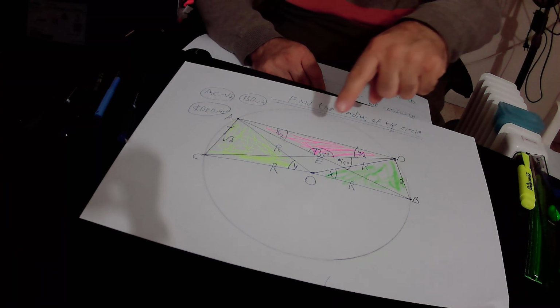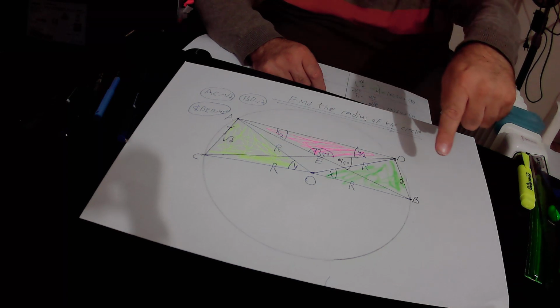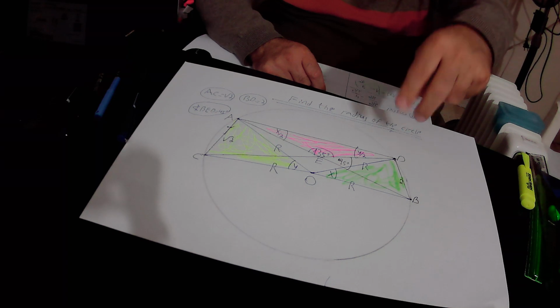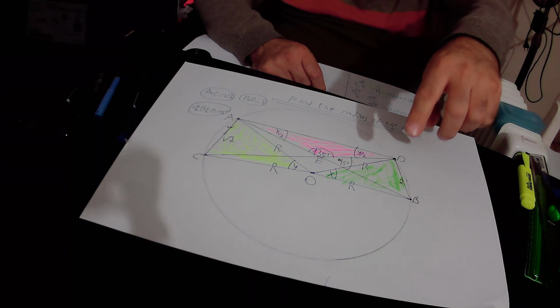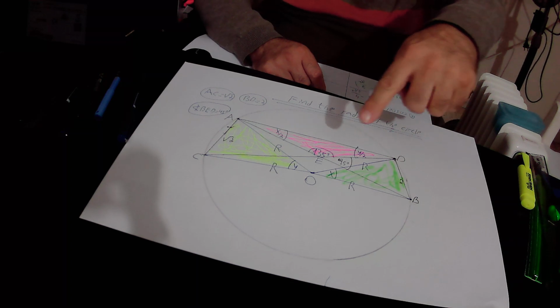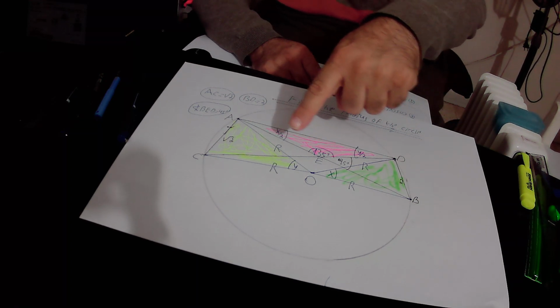Why? Because they start from the center of this circle, point O, and go to any point on this circle. This is exactly the definition of radius. So they are all equal to the radius of the circle. We define the radius of the circle as capital R. Therefore, OB equals OD equals OA equals OC equals capital R.